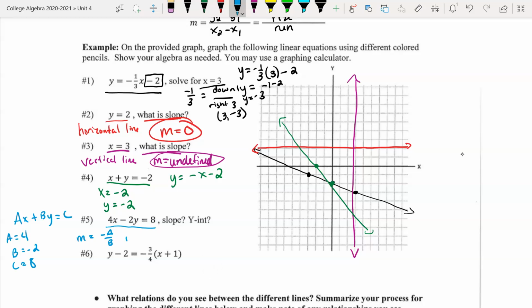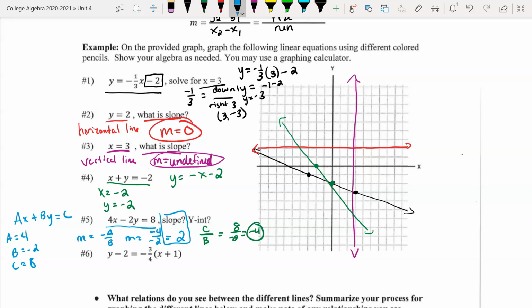So our slope is going to be -4 over -2, which is a positive 2. So that's our slope. Our y-intercept, shortcut here, is c over b, which would be 8 over -2, which would be -4.